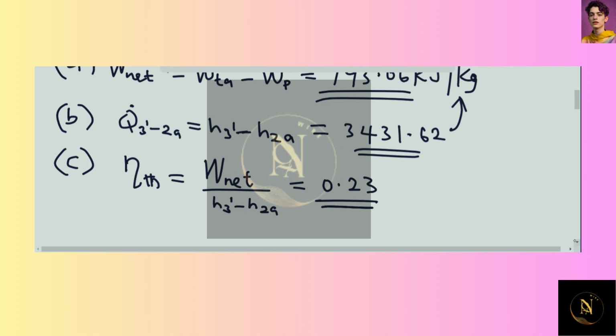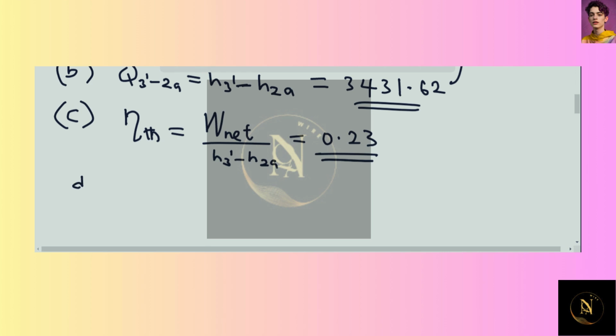Then you can look for the rate of heat lost from the working fluid at the condenser end. We call this H4 prime, sorry, H4 prime, this prime we called it, minus H at 1.